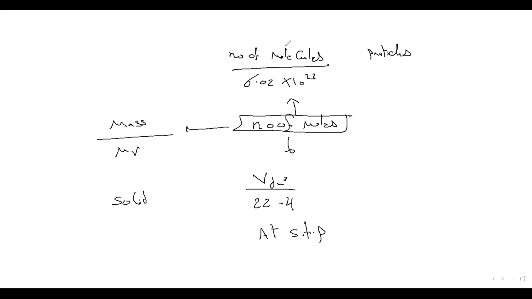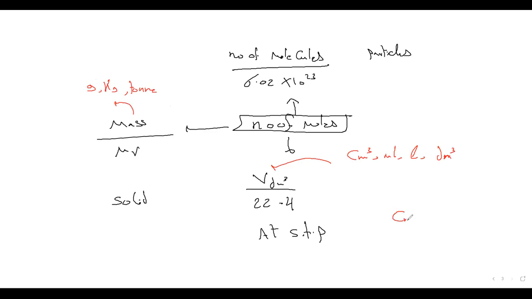It depends on the given. In case of solid, how can we know this is a mass? By the units: gram, kilogram, ton. So this is a mass. In case of centimeter cubed, milliliter, liter, decimeter cubed, this is a volume.